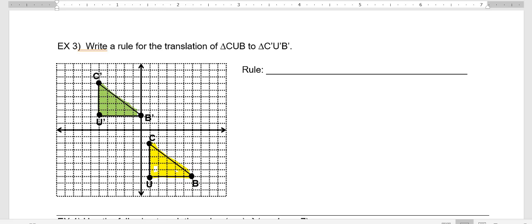To figure out how we're moving it, we're just picking two vertices. How about U prime? I'll go to the left, 1, 2, 3, 4, 5, 6, and then up, positive 9. When I'm creating that rule, I'll write out my ordered pair first, my pre-image ordered pair, and the changes I'm making to that ordered pair.